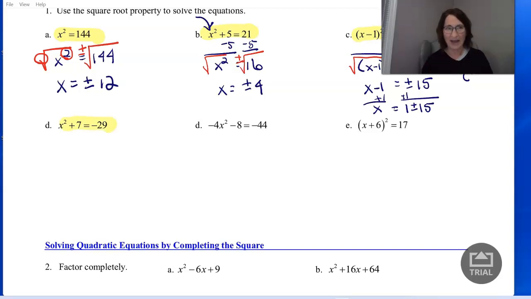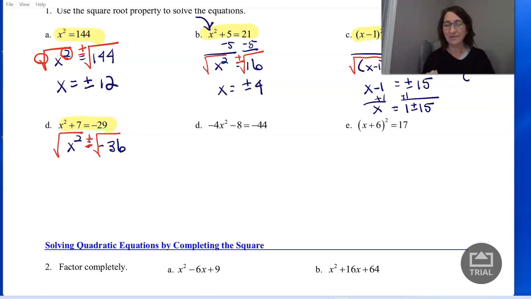All right, now let's look at D. I'm going to subtract 7 from both sides. So I get x squared is equal to a negative 36. Now I'm going to take the square root of both sides, looking for both my positive and negative roots.